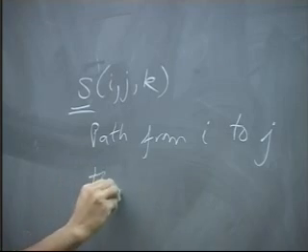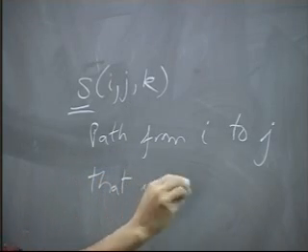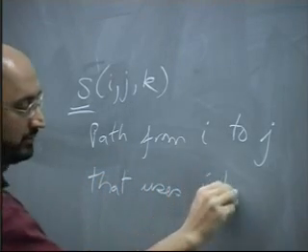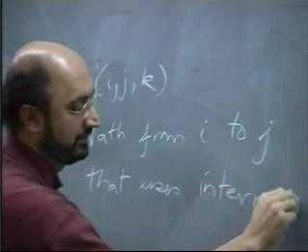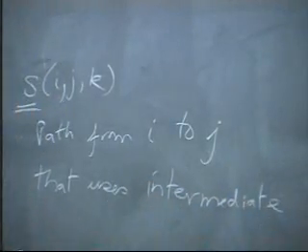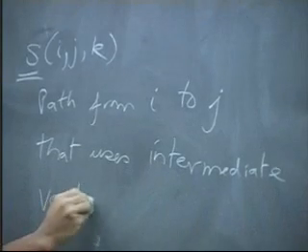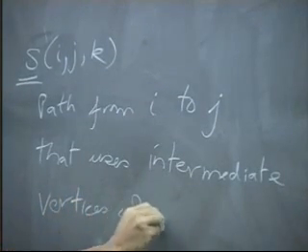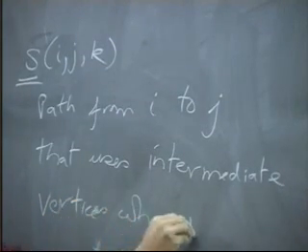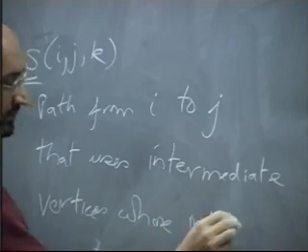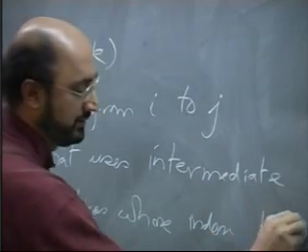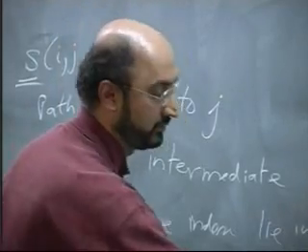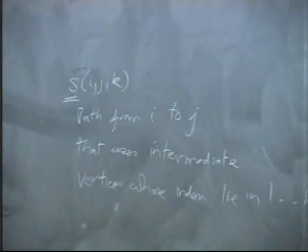We say that it uses intermediate vertices whose index lies in 1 to k. In other words, we can't use k plus 1.